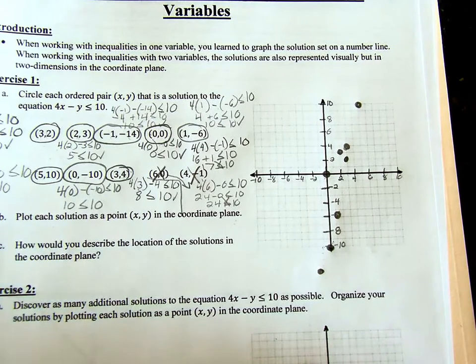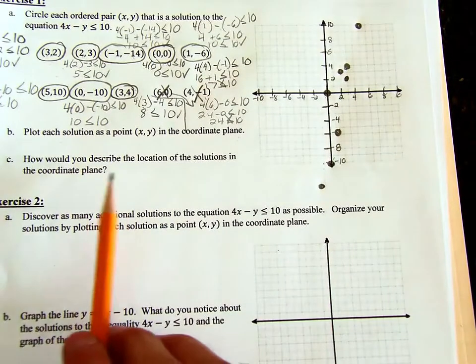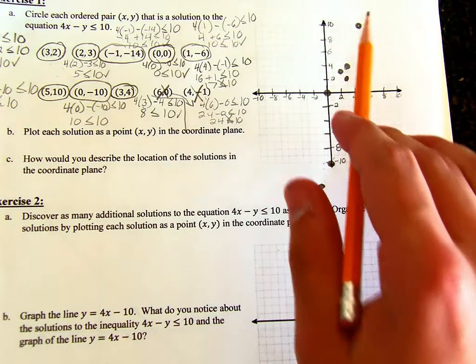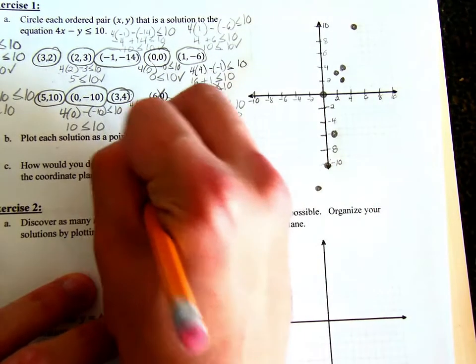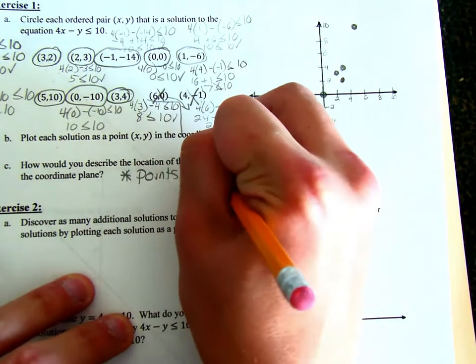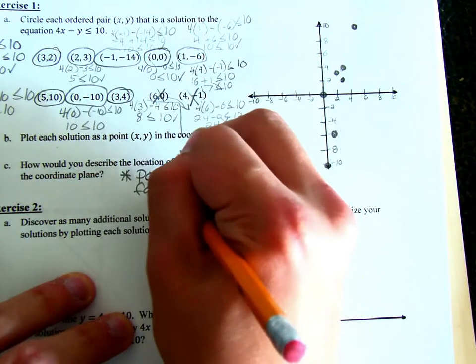Okay, so what we want to look at is part C. It says, how would you describe the location of the solutions in the coordinate plane? Well, if you look at all these points, we can't really connect them with a line. So that's what we're going to write down: that our points don't fall on a line.